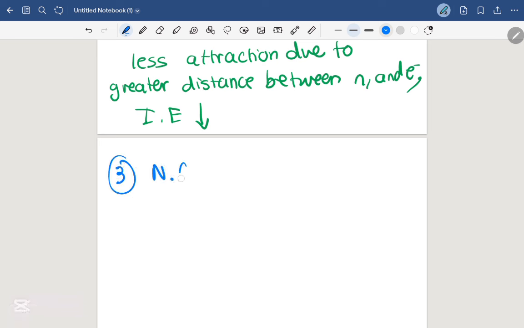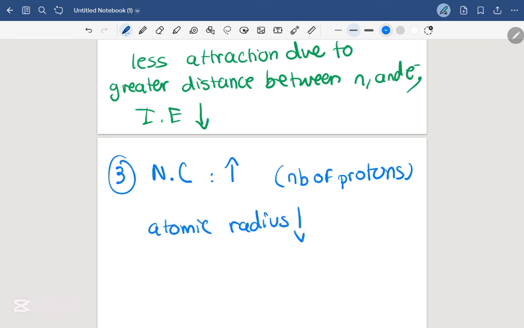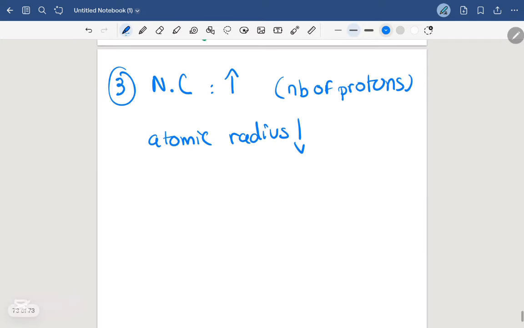As the nuclear charge increases, we know first of all that nuclear charge is the number of protons. So as the nuclear charge increases, atomic radius will decrease. Why exactly is that? Because if the number of protons increases, there's going to be more positive charge.